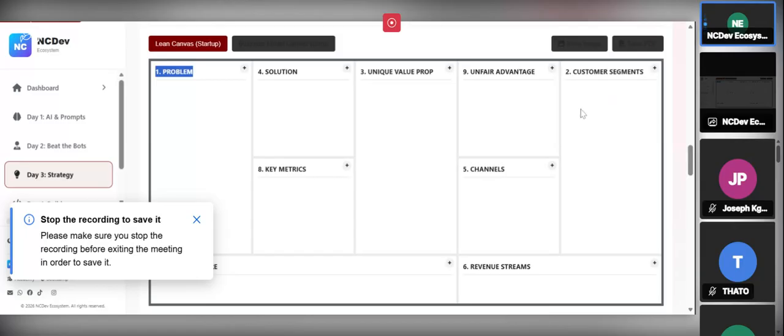So that's where we'll start with customer segments: identifying who our customers are first, and then identifying the problems that our customers face, right?